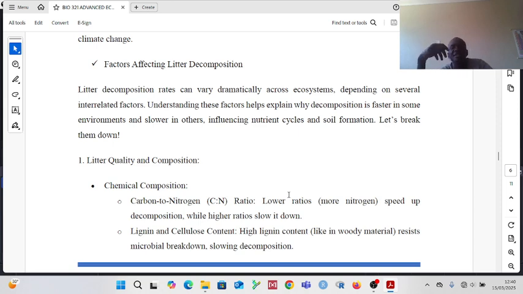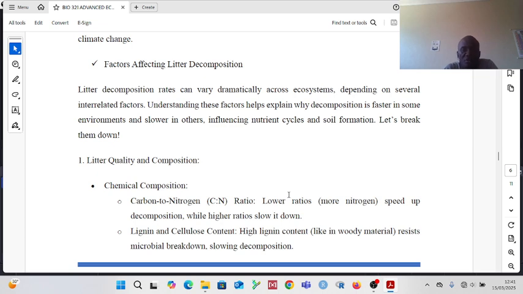So the rate at which litter decomposes will vary across ecosystems. And what leads to this variation? One is the litter quality and composition. In terms of chemical composition, what determines how fast decomposition might happen is, for example, the carbon to nitrogen ratio.